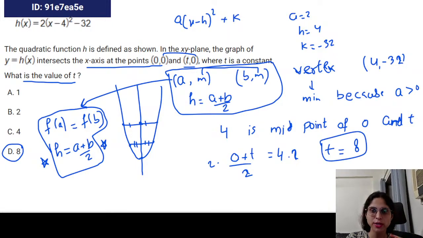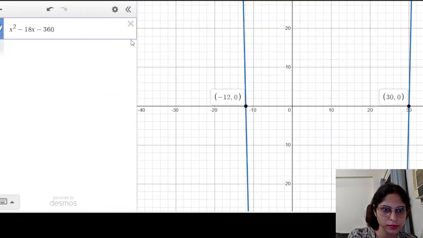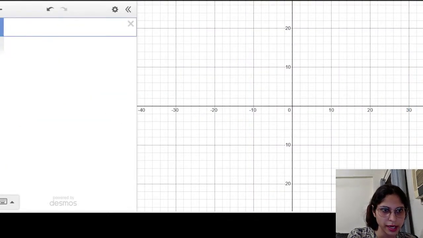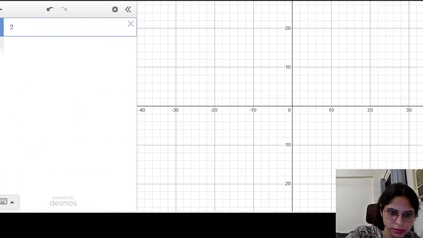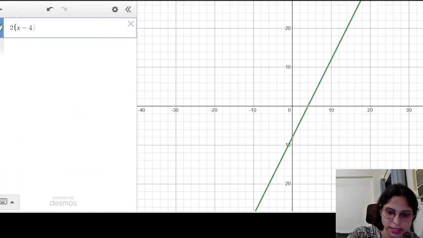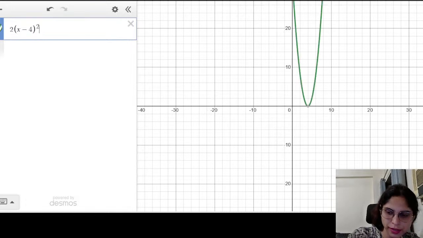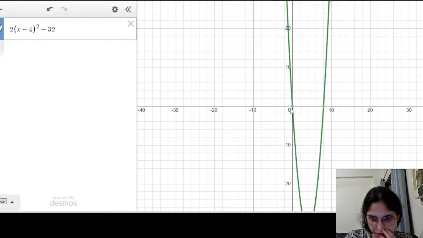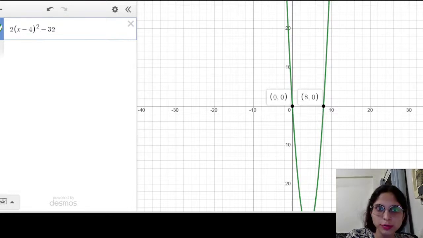But for this particular question, of course, you can go to Desmos as well. You can just type the entire equation, 2 times (x minus 4) whole squared minus 32. You have 0 and you have 8. So the value of t is going to be 8.